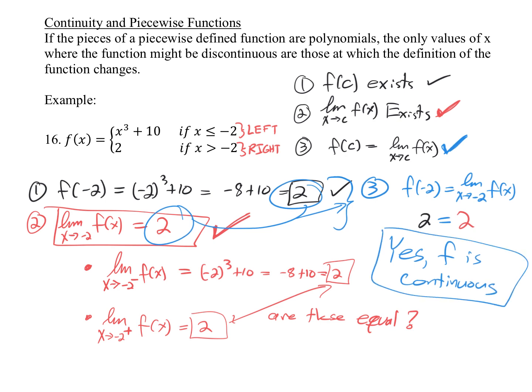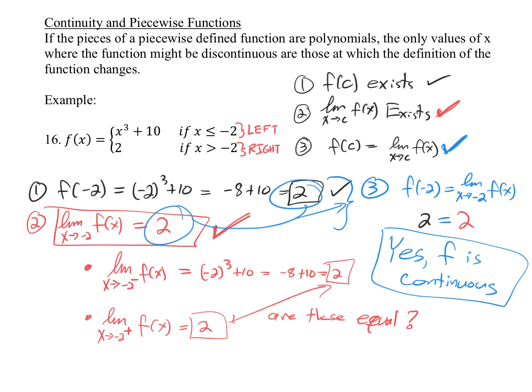All right, we are done with the question, but I want to just go highlight the important parts of our thought process. From the very beginning, we wanted to know, is f continuous? So we look at the way it's defined. We have a polynomial and a polynomial. These two things are always continuous. So the only way we could have a problem is if we had a problem at this x value of -2, where the function switches from the first definition to the second definition.